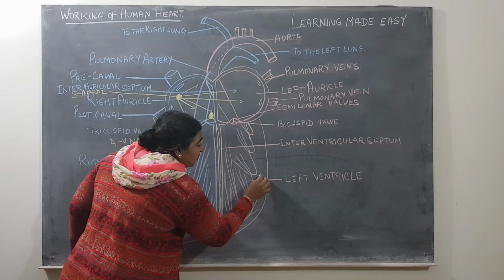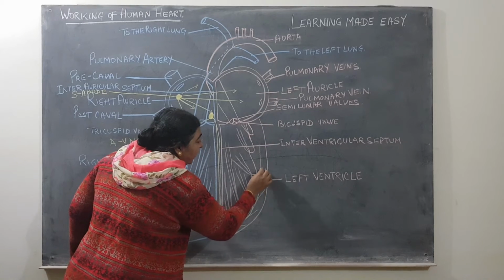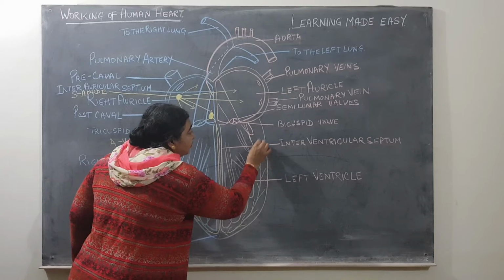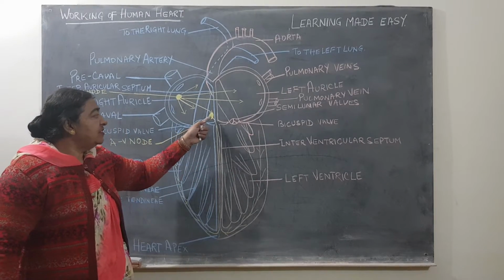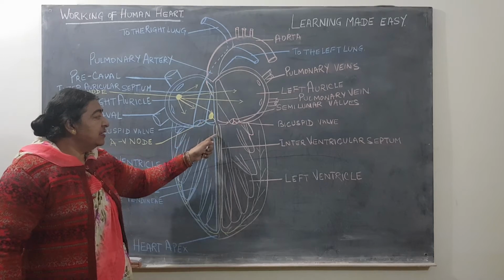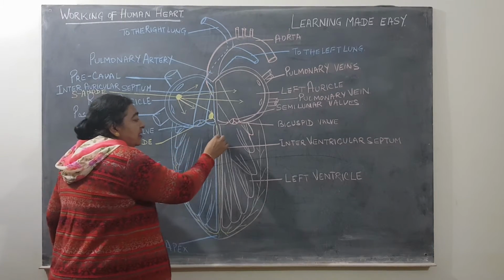These are called Purkinje fibers. As the node is stimulated, so is this bundle of His.